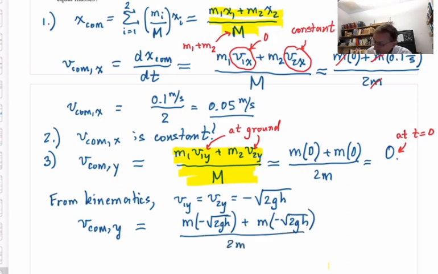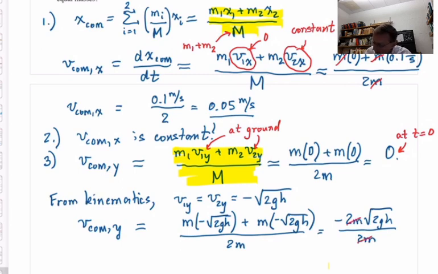This is crying out to be simplified. Look at the numerator. It's the same thing added to itself. So that's 2 times the thing, right? So that's negative 2m square root of 2gh. That's the numerator, and the denominator is 2m.